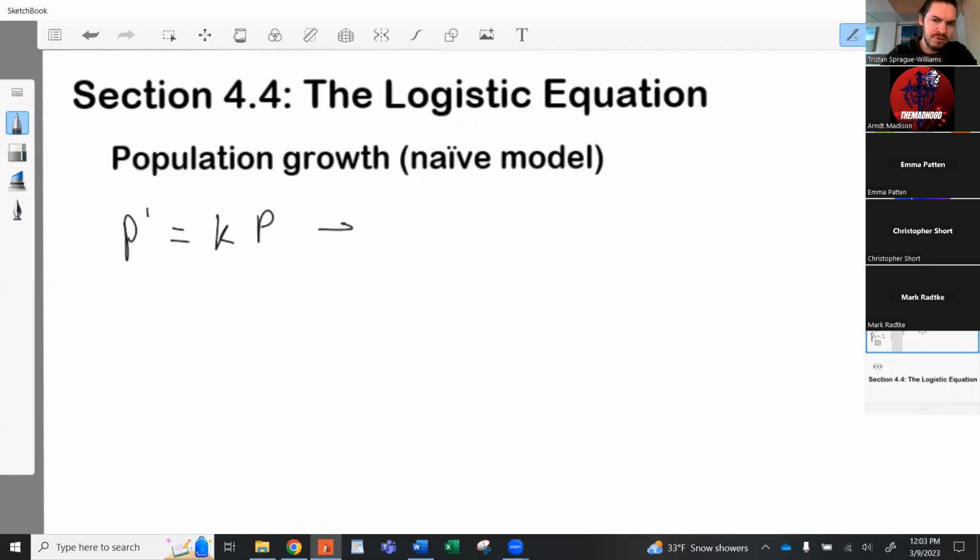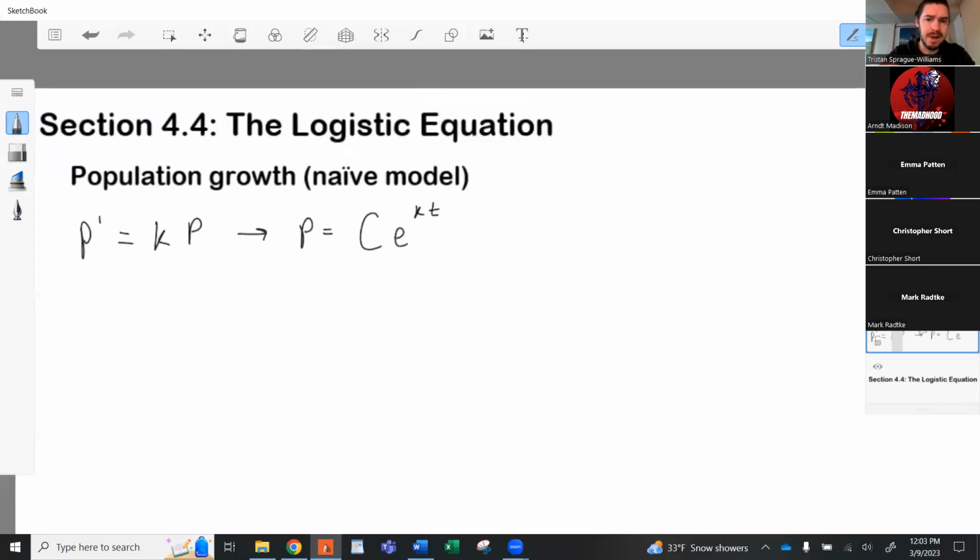When you solve this differential equation, as we have in the past, we got some constant multiple of e to the power kt, which means that we're talking about growth that looks like this. It starts at some initial population value, and it grows exponentially over time.